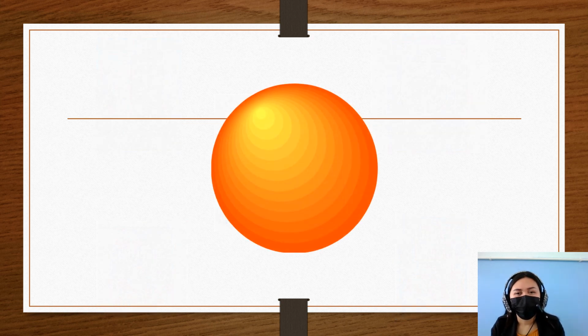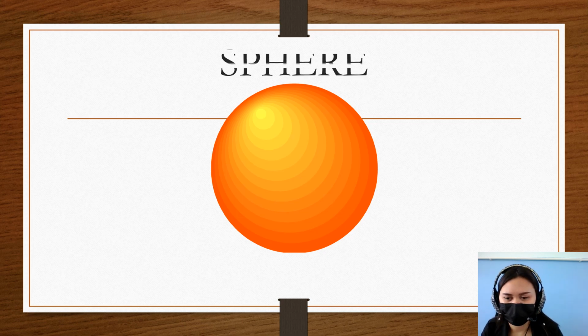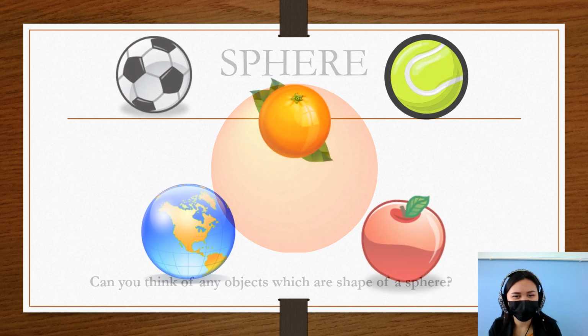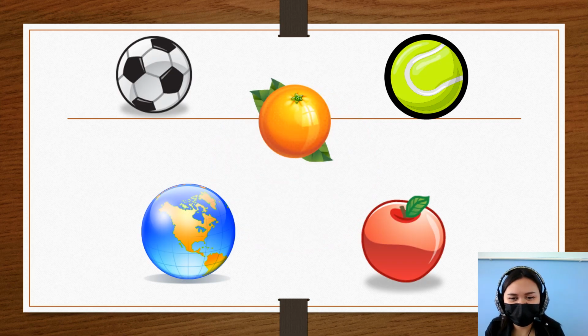How about this one? What 3D shape is this? Oh, it's a sphere. Can you think of any objects which are the shape of a sphere? Let's see. Ta-da! Okay, look.